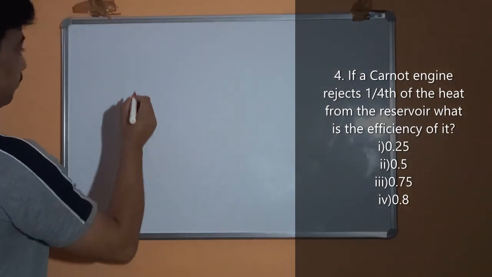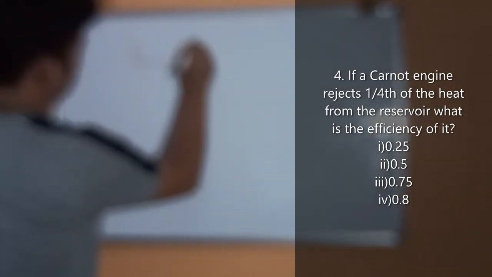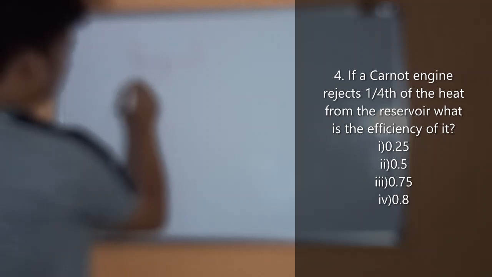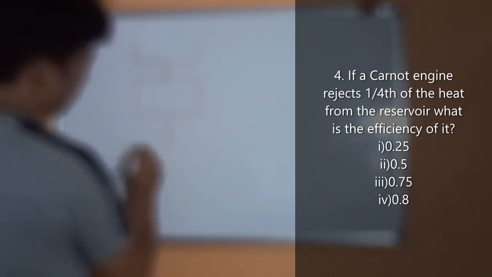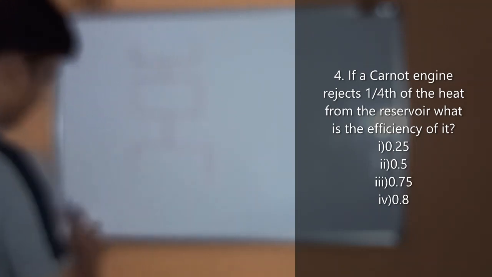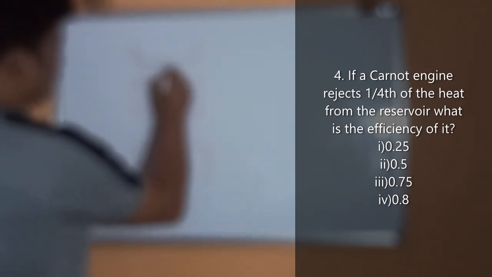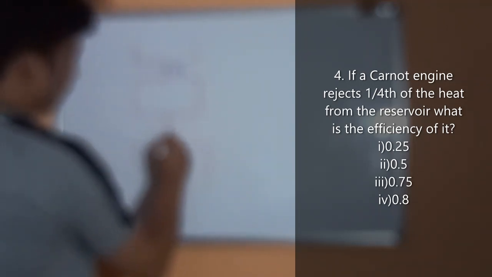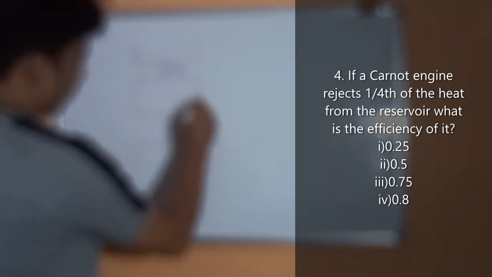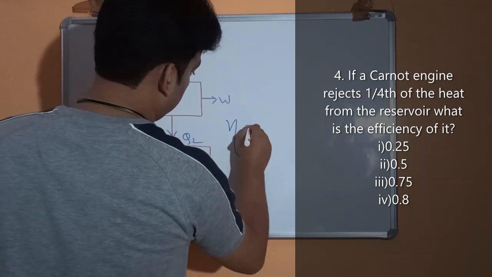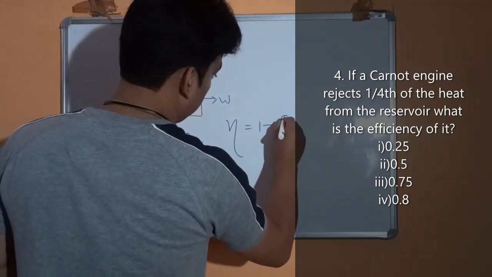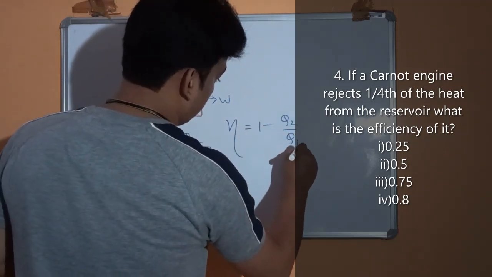Heat is taken from one reservoir and heat is rejected in another reservoir. Suppose this is Q1, this is Q2, and work is done here, and the efficiency of the engine is given by 1 minus Q2 by Q1.